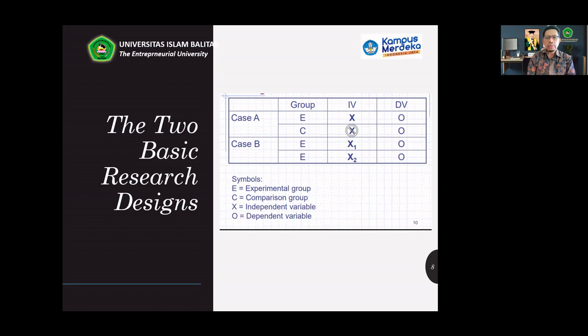There are 2 groups of design, for example case A and case B. The group consists of the experimental group and the comparison group, and you have the independent variable X and the dependent variable O. So in the second design, you can see the experimental group with X1 and X2, and the dependent variable is O. So later on, when you learn the experimental approach, you will also likely see such a design in the one group pre and post test design. Okay, let's go on.